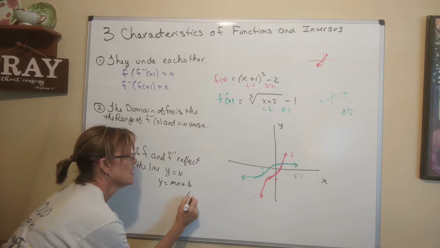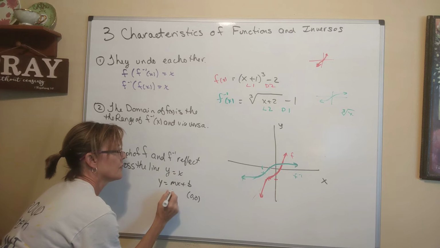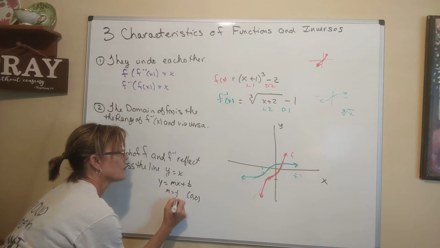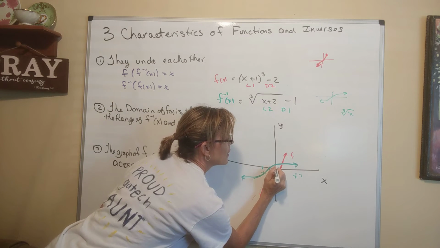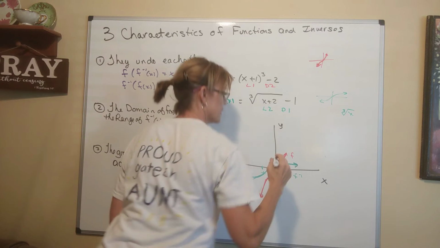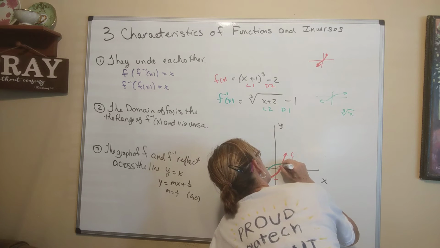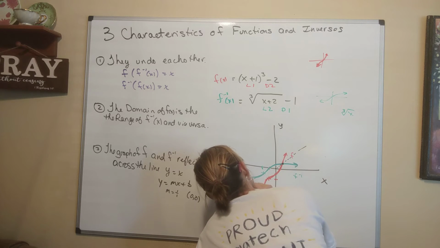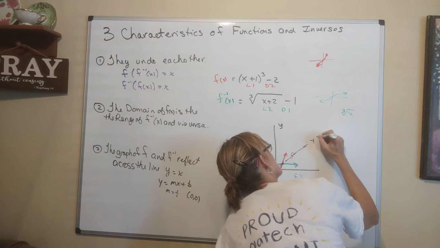There's nothing there. So it passes through the point (0, 0), and there's a 1 in front of that x, so the slope is 1 over 1. So let's graph this line. 0, 0, up 1, right 1, right there. Okay, so here we go. Let us graph that line on here. This is what the line y equals x looks like.